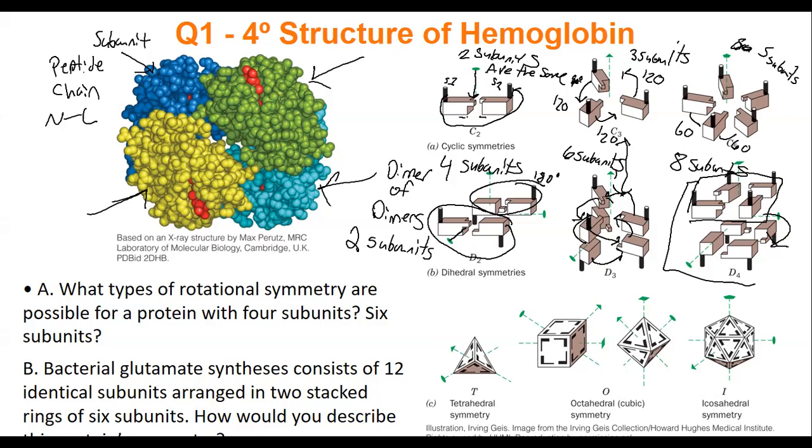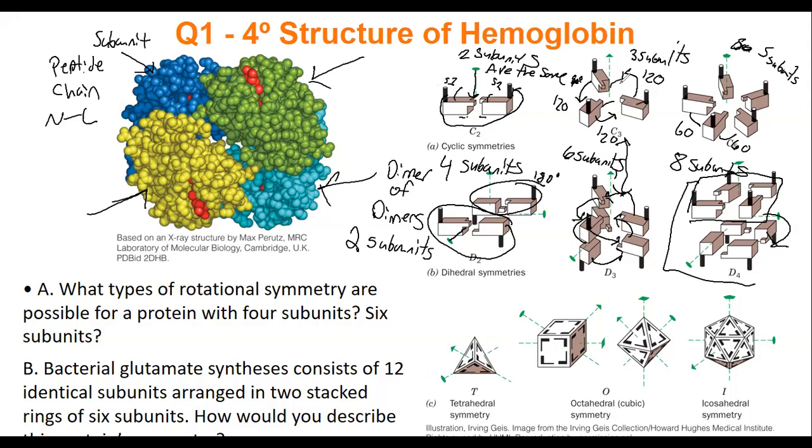All right. So we're a little bit all over the place here. The correct answer is C4 and D2. The way this works is that for C symmetries, the number is telling you how many subunits are in there. C2 has 2 subunits.